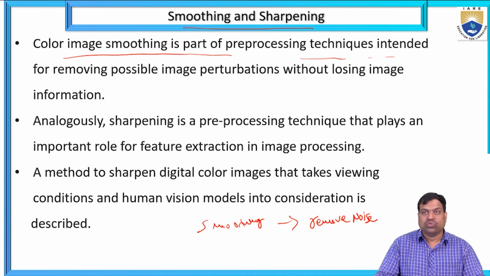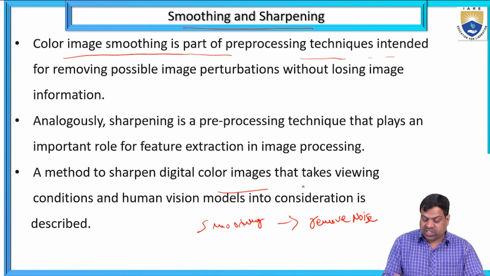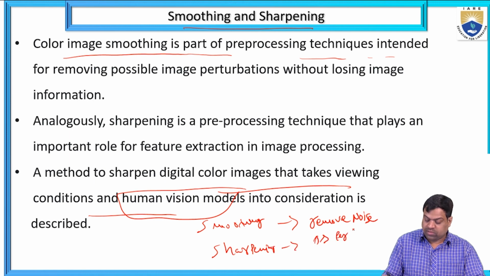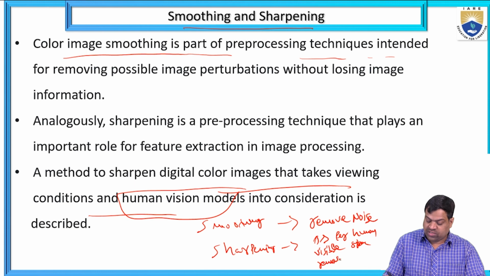Sharpening is for removing blurring. Smoothing is nothing but removing noise or unwanted data. Sharpening a digital color image takes the viewing conditions of the human visual model into consideration, as per the human visual system, to remove blurring.